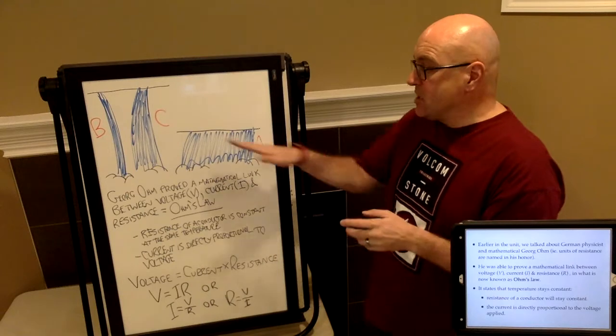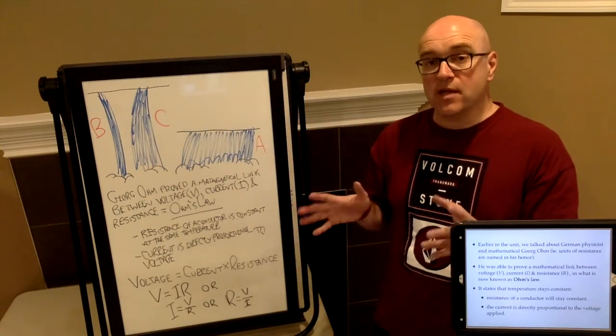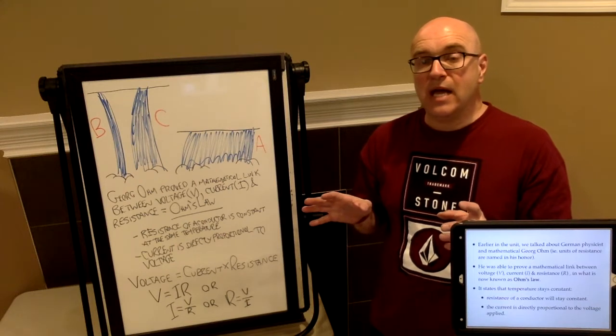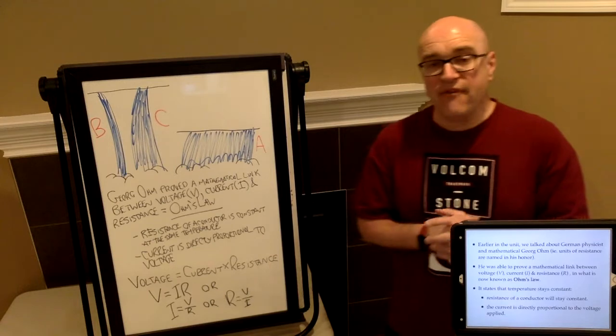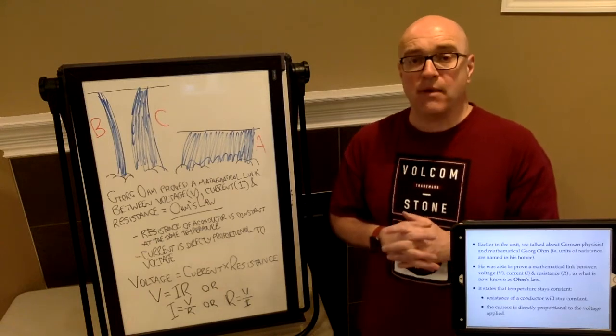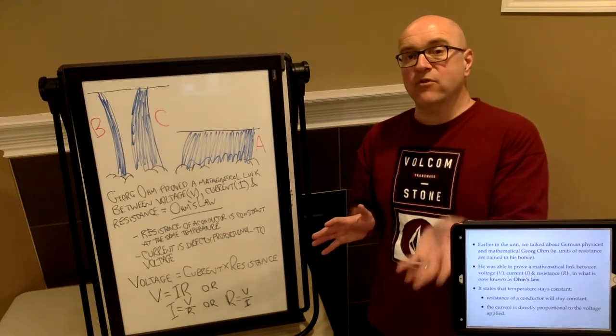And as I mentioned in the diagram up here, resistance would be inversely proportional to the amount of current. So in other words, if I have more resistance, I'm going to have lower current. And if I have higher current, I would have lower resistance.